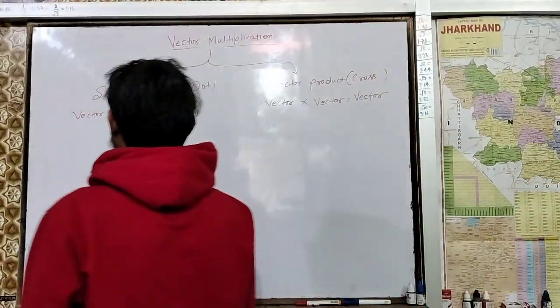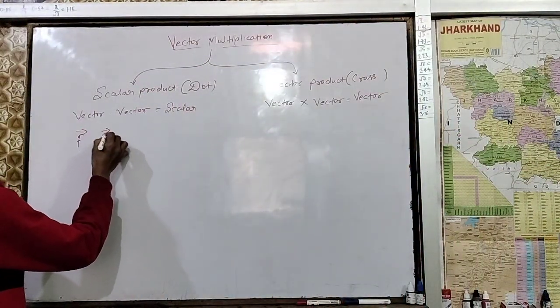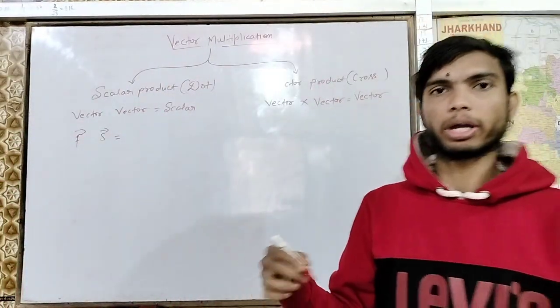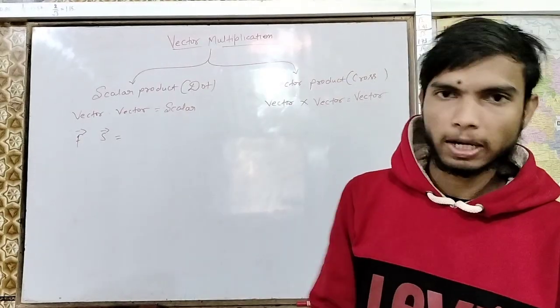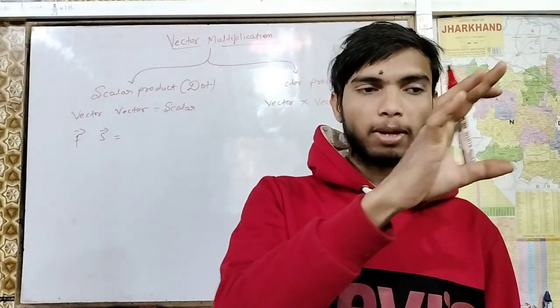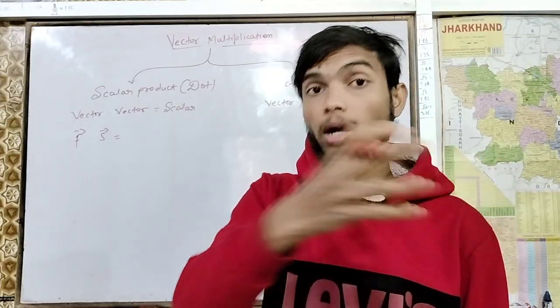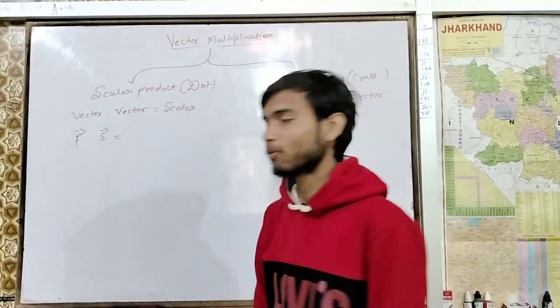Let me give an example. Force dot displacement. As you know, work is force multiplied by displacement. The definition of work: force is applied on a box, and when that box covers some displacement, we can say there is work in the language of physics.